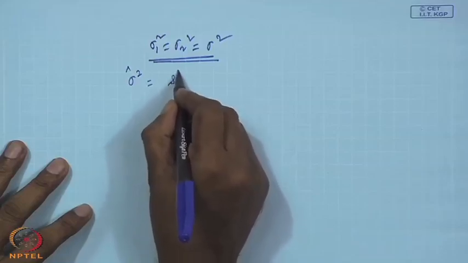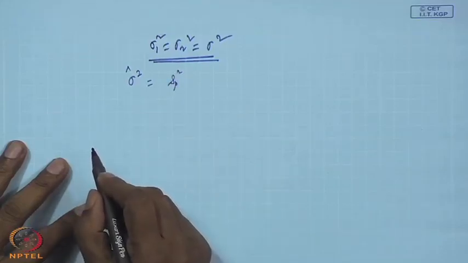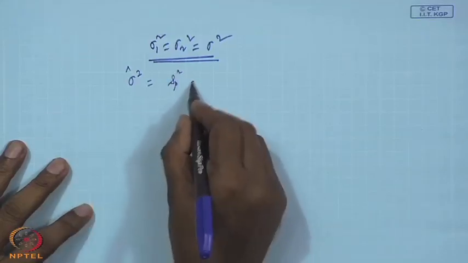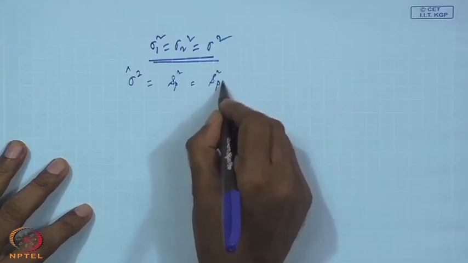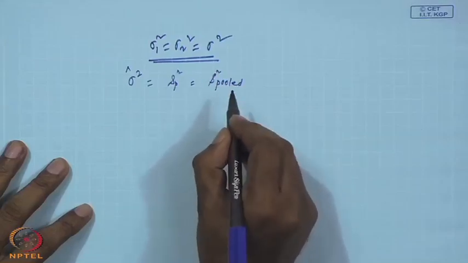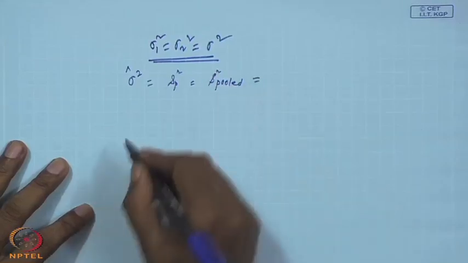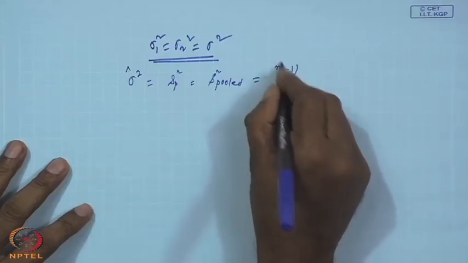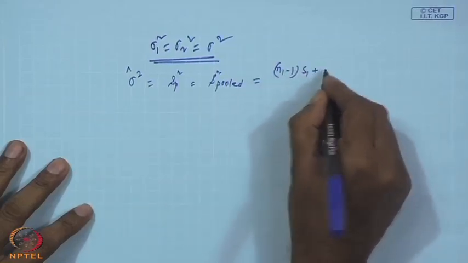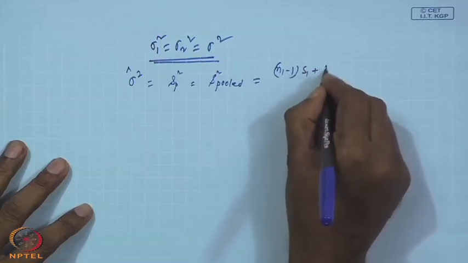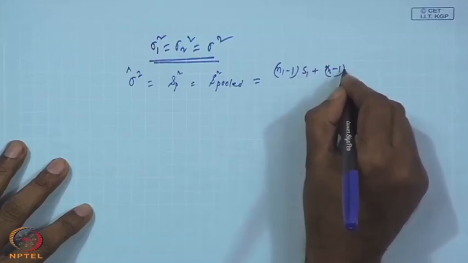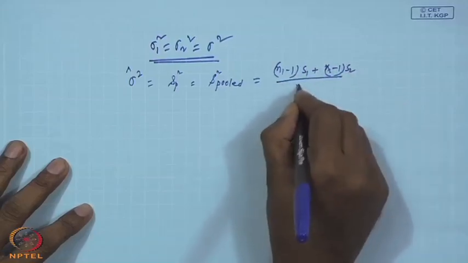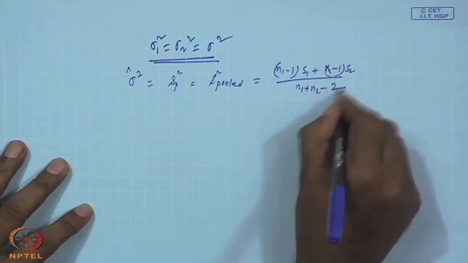We say S_P square, S squared pooled. I think you can remember there we used (N1 minus 1) S1 plus (N2 minus 1) S2, divided by N1 plus N2 minus 2.